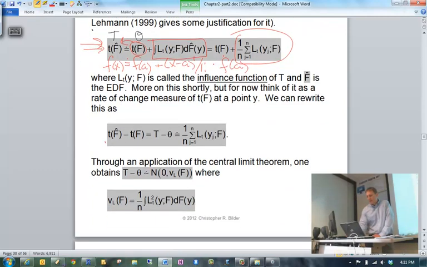So now we have T of f hat minus T of f, or equivalently T minus theta, is approximated by 1 over n times the sum of the influence function evaluated now at y sub j, given we're working with f.